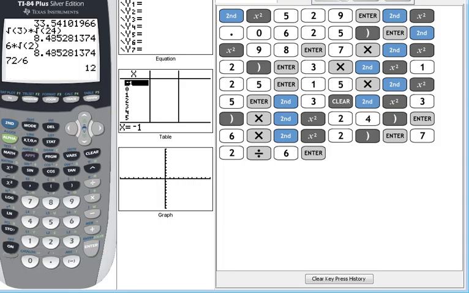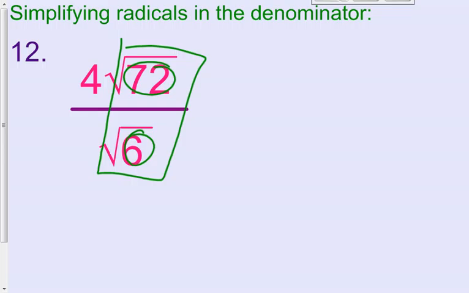So what we have here, class, is when we do the square root of 72 divided by 6, I guess technically speaking, what we're doing is putting both of these under one big radical and getting 72 sixths, which is the same thing as 4 multiplied by the square root of 12.